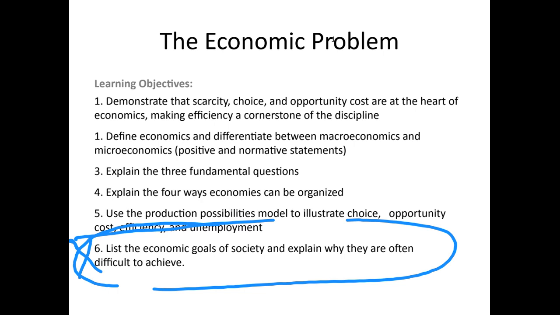Why I'm saying this? Because these are economic goals of the society for the whole country. So we are not discussing macroeconomics, we are discussing microeconomics. Nevertheless, let me quickly, in less than 1 minute, review these goals.